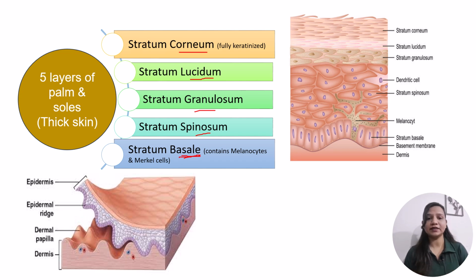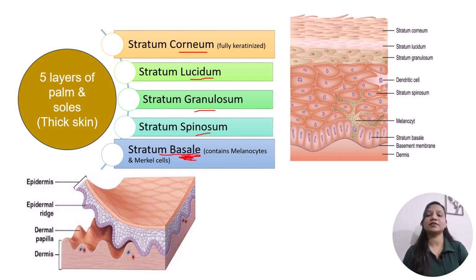The keratinization process starts in the stratum basale by the basal cells, which produce keratinocytes, and these keratinocytes accumulate keratin, which is very essential for skin health.